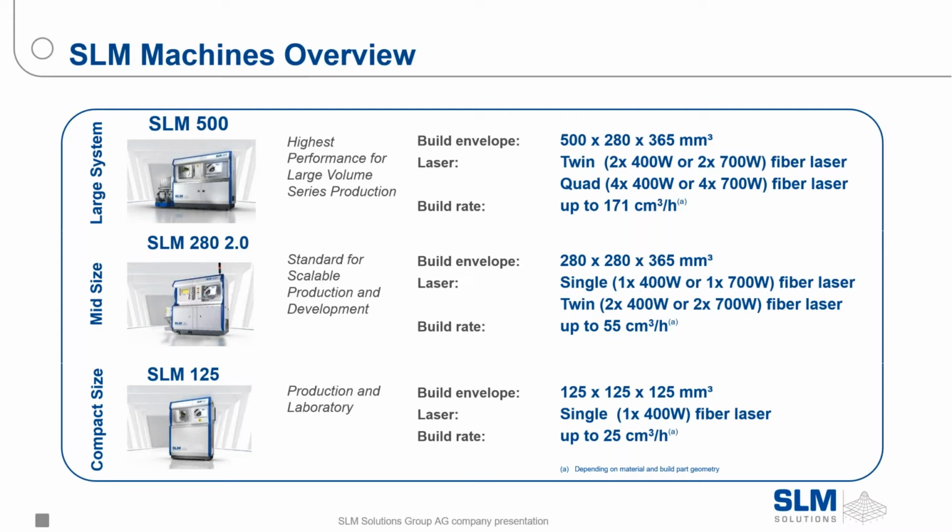We currently have 2 280s, a 125, and an SLM 500. We also have customer service and field service. So we have our own warehouse and field service engineers. We provide solution development, so material development, process development, and then also any service with the machines provided through the U.S. office.